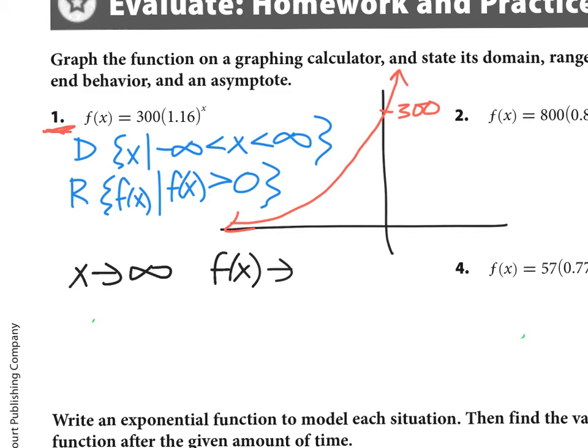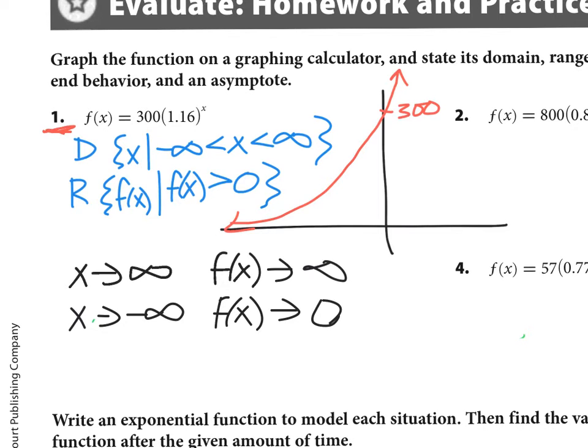So if you trace this as you go to the right, that's going up to infinity. As x goes to the left, negative infinity, f of x, if you trace it, goes to the left, that thing flattens out again at the x-axis, which is 0.